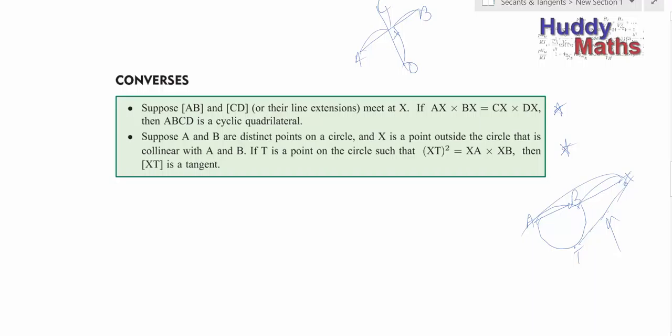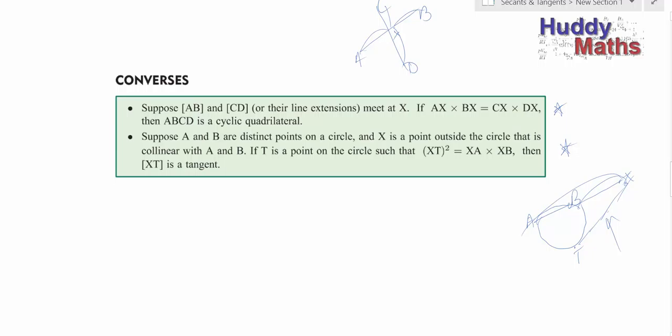So that's interesting, a way of proving tangency without calculus. Okay, so that's an interesting result. So both of these converses could be quite useful in working with cyclic quadrilaterals or circles in general.